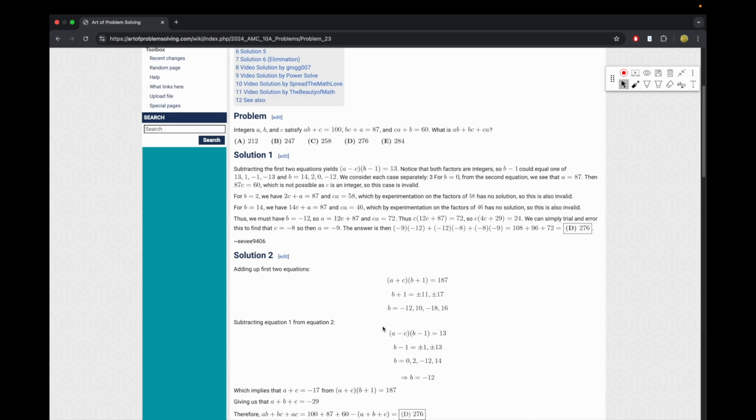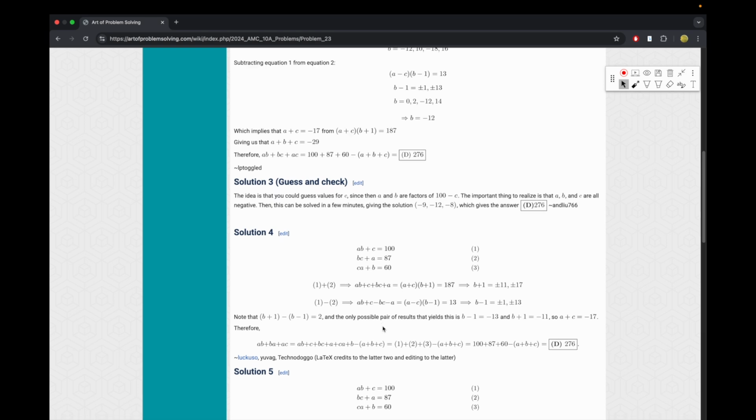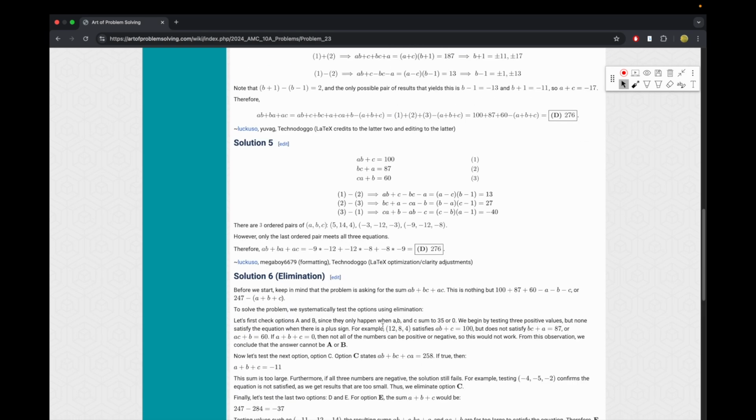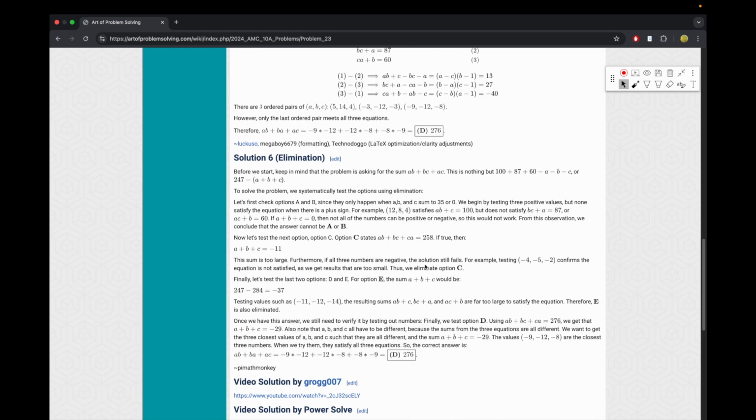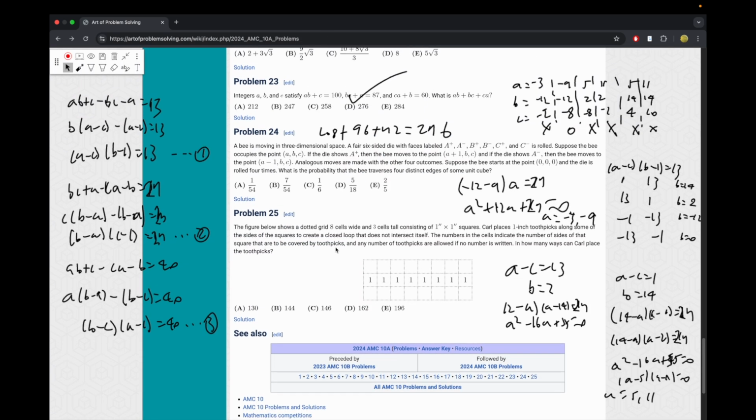I'm not sure. I don't think they use the brute force method that we used, but I think this is the most similar thing that we did. Okay, so that was new, number 24.